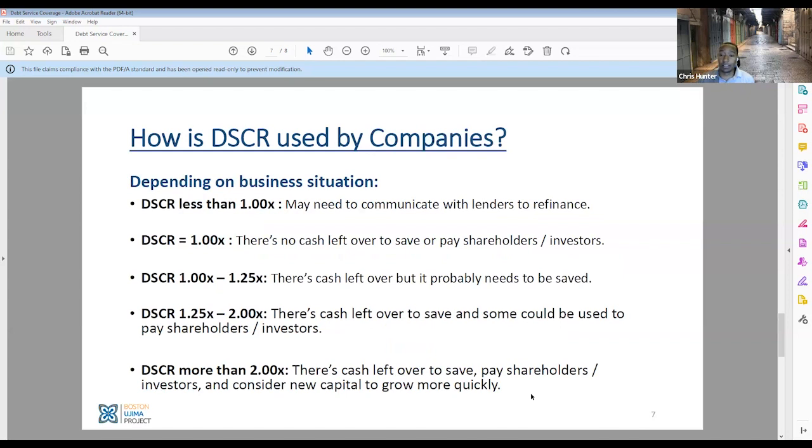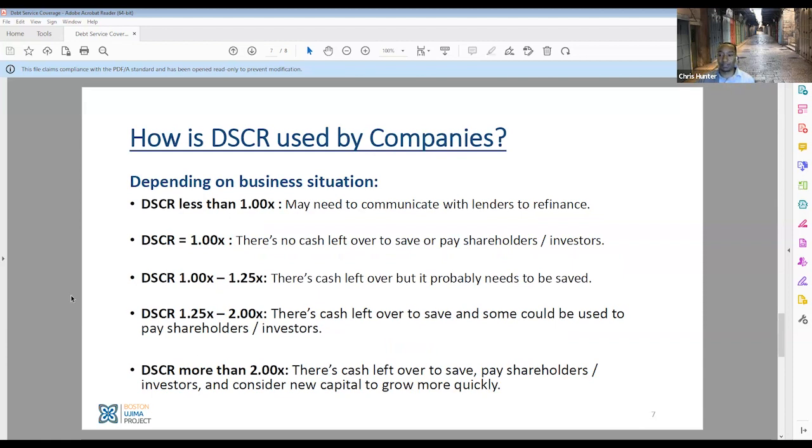And then on the other side, thinking about businesses, it's also useful as a planning tool. If you're looking forward at your budget and your debt service coverage ratio is less than 1, it's saying, hey, there isn't enough money left over to pay debt and pay everything else.